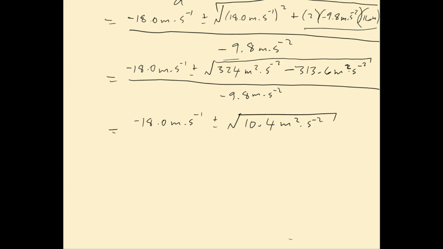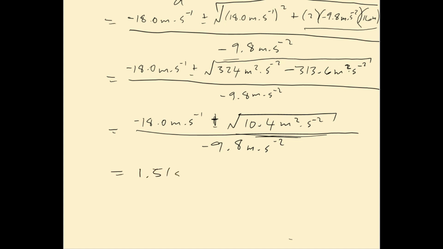And plugging all this into the calculator, we're going to see that whether we add or subtract, the square root value is less than 18. So you're always going to get two positive answers. Both your answers are going to be positive. So if we plug this into the calculator, we get two answers.